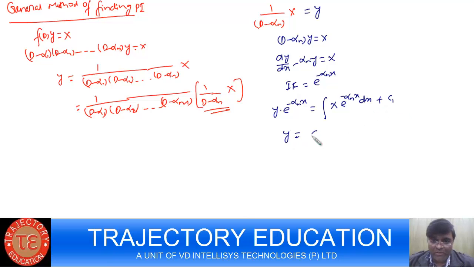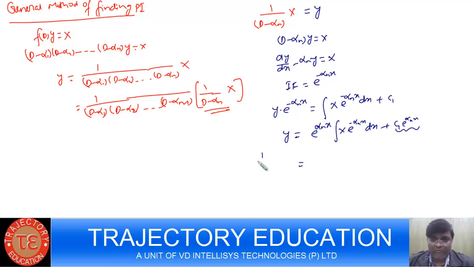So y comes out to be e to the power α_n x times the integral of x e^(−α_n x) dx. See, this constant part will appear in the complementary function, so you don't have to consider it.